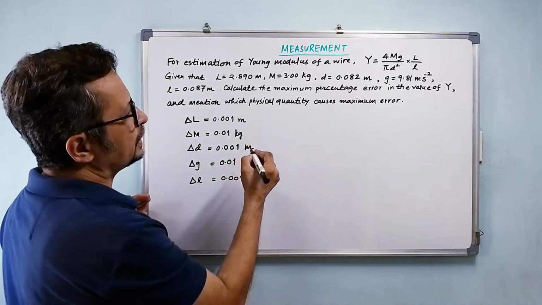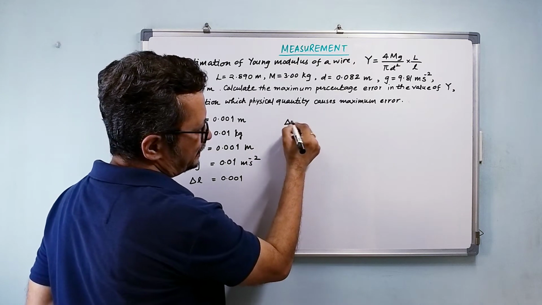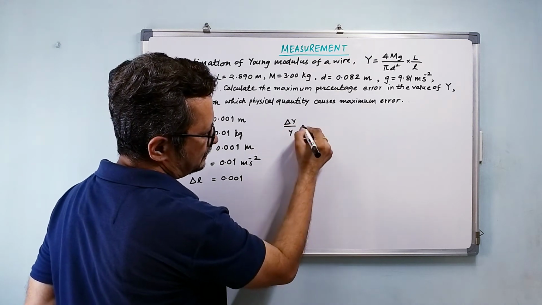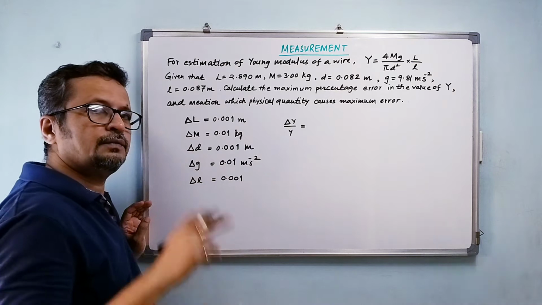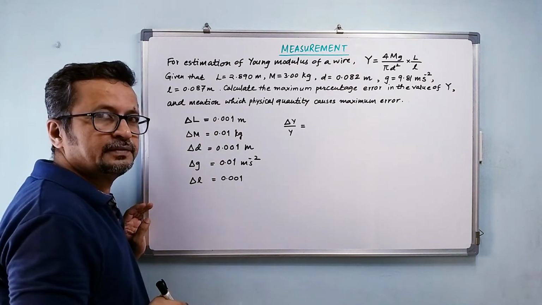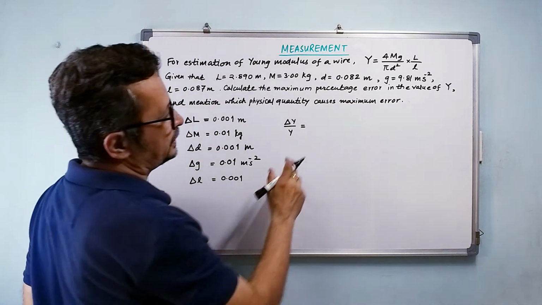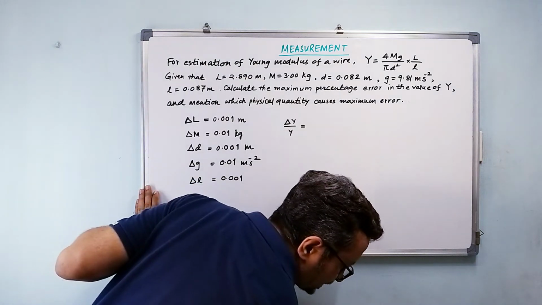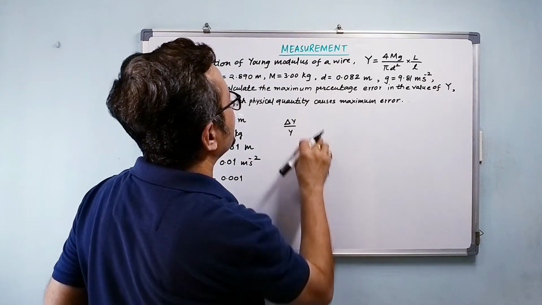So now my delta Y upon Y would be equal to, now we are going to use the formula that we have derived so far. They have asked for percentage error, so I will have to multiply this by 100.